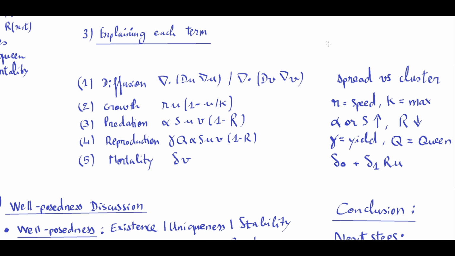For the reproduction term, each successful attack spawns new xenos. Gamma is the yield, and Q is the queen factor. So if gamma or Q is rising, then we'll have a faster outbreak on our hands.